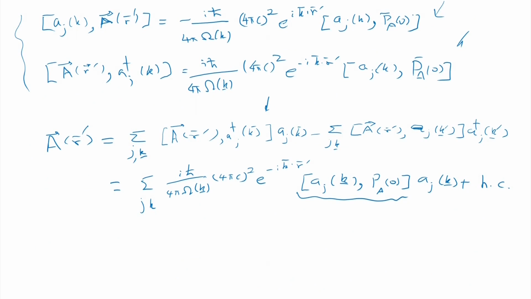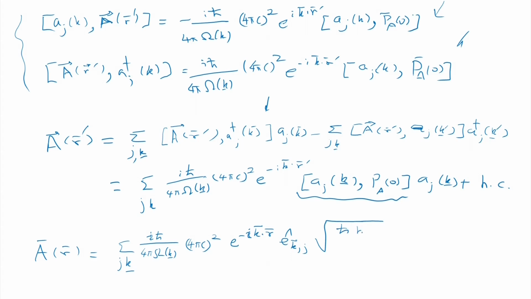So I'm going to use that there and complete my calculation, which tells me that the vector potential is now expressible in terms of the creation and annihilation operators of photons. Okay, so this is the complete story.